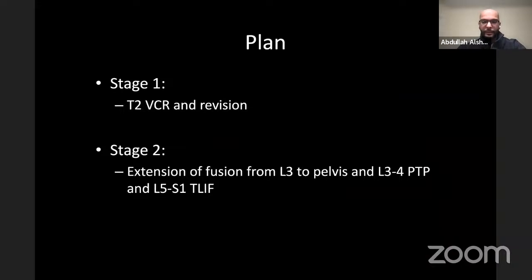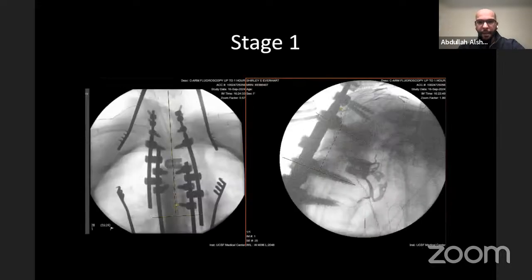So the plan was to do a two-stage surgery. Stage one is to do a T2 VCR and revision of the fusion, and stage two to do extension of the previous fusion from L3 to pelvis, and L3-4 PTP, and L5-S1 TLIF. So these are intra-op pictures from stage one after the VCR.